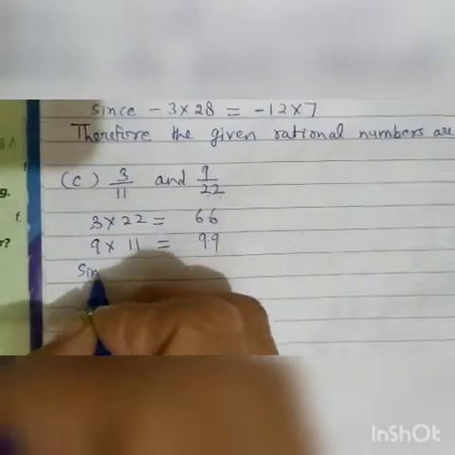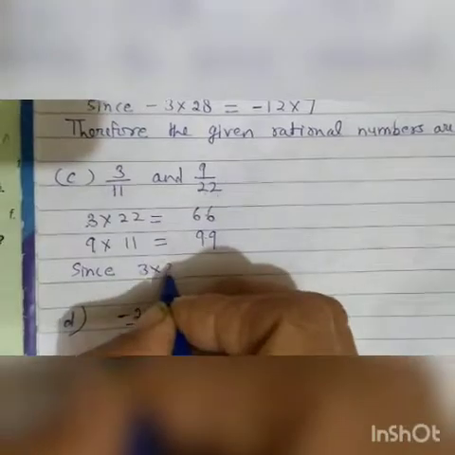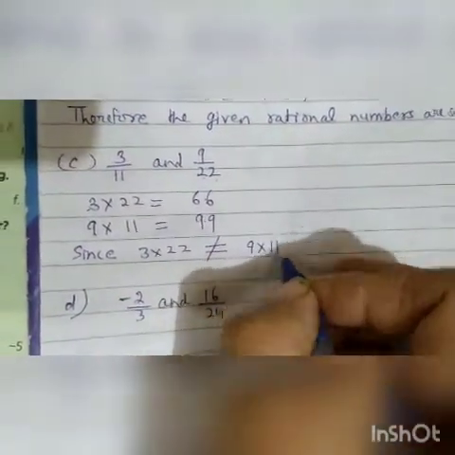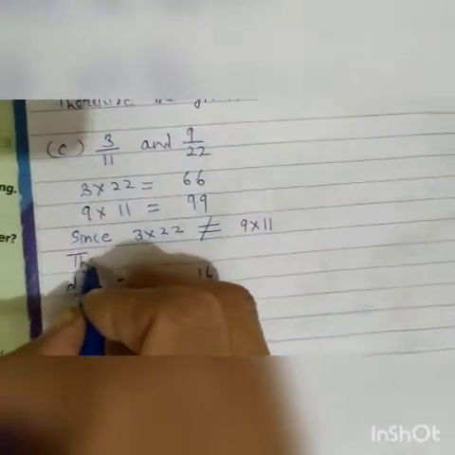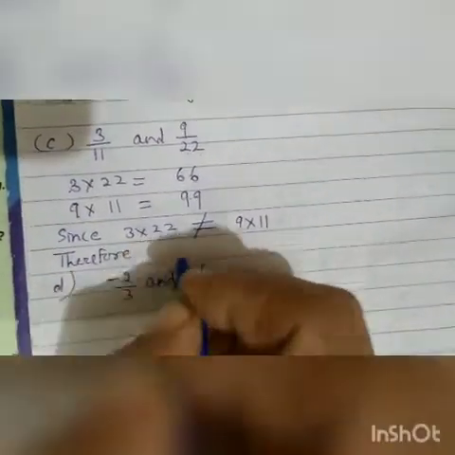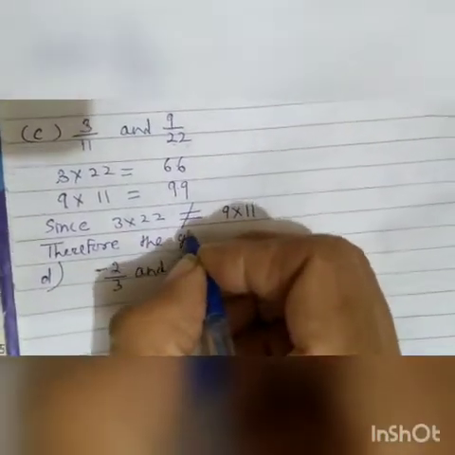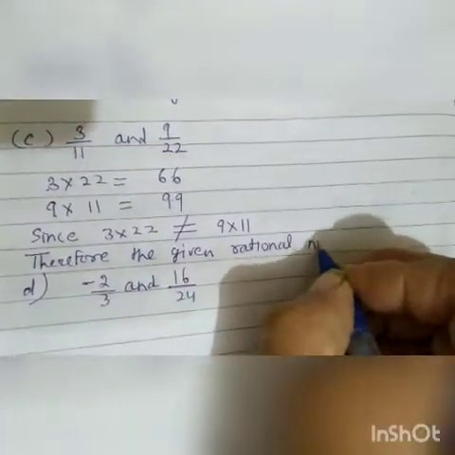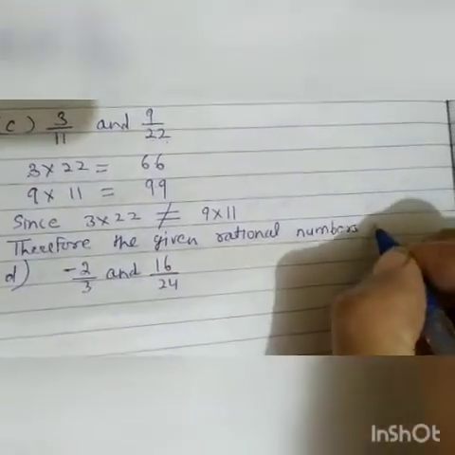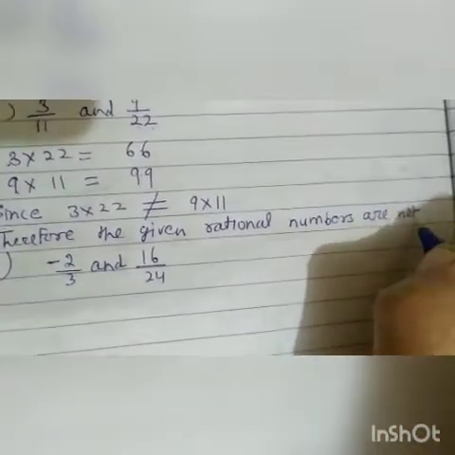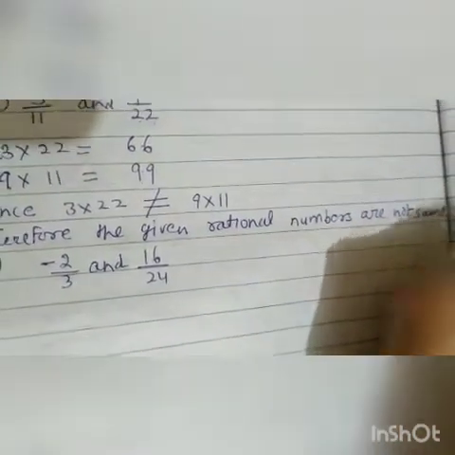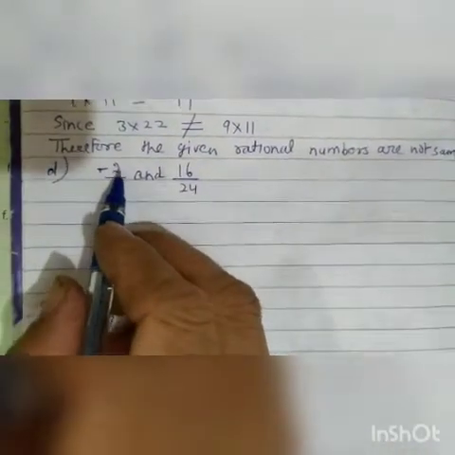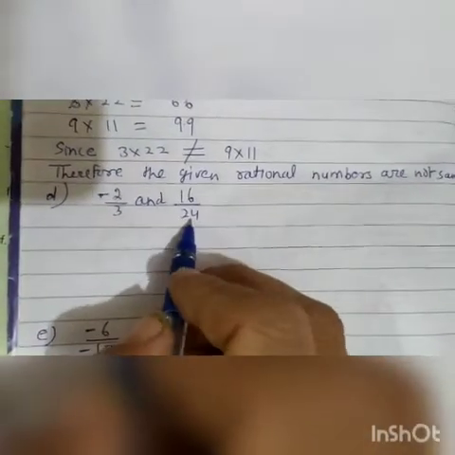So we will write, since 3 multiply 22 is not equal to 9 multiply 11, therefore the given rational numbers are not same.